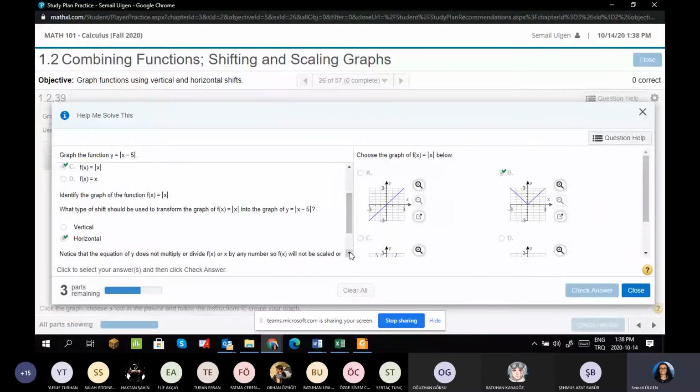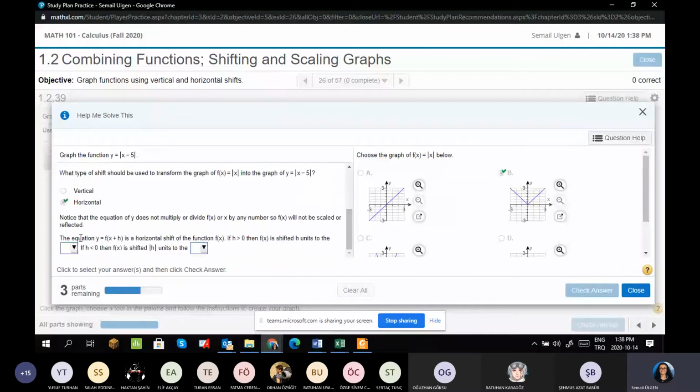Okay, next thing, notice that the equation of y does not multiply or scale or reflect f(x). The equation y = f(x + h) is a horizontal shift of the function f. If h is greater than 0, then f is shifted h units to the what? Let's choose left or right.